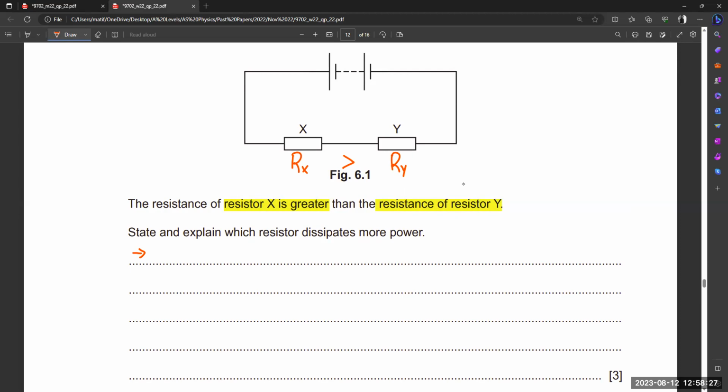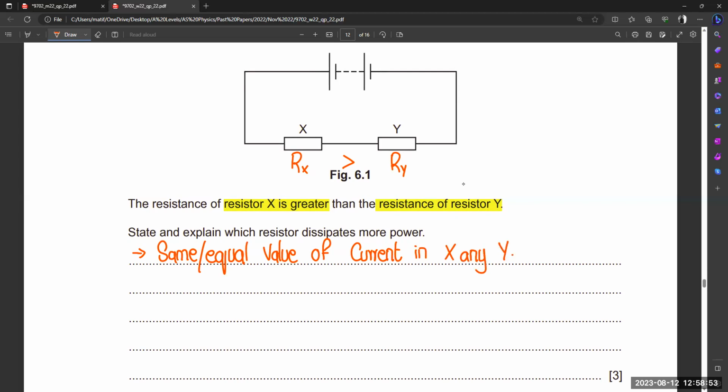So the first point: same or equal value of electric current in X and Y.